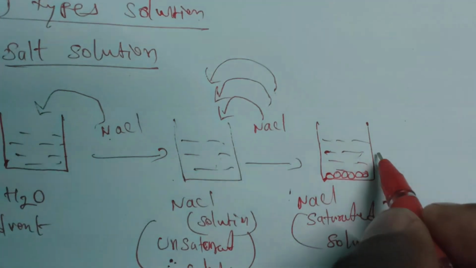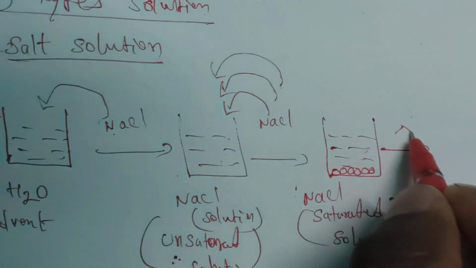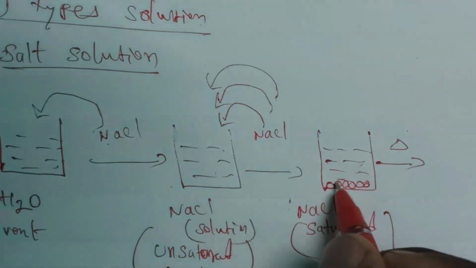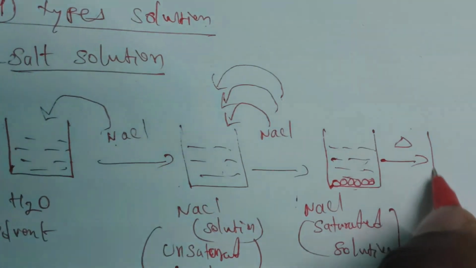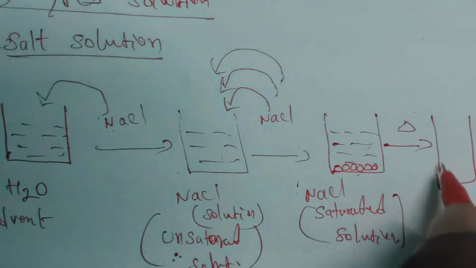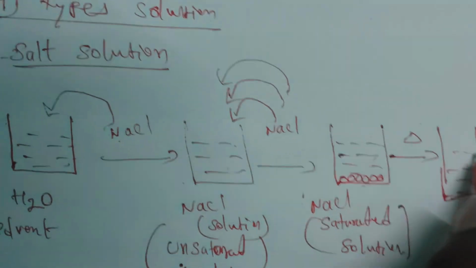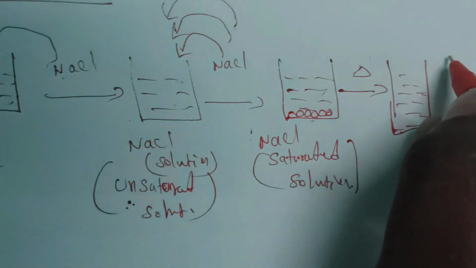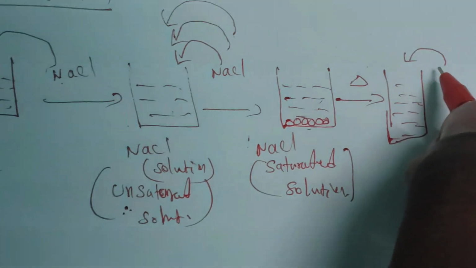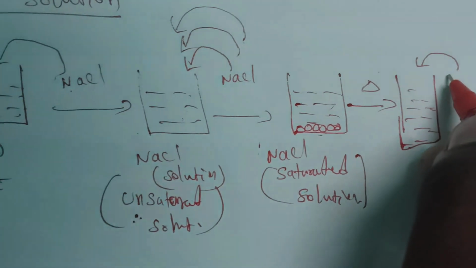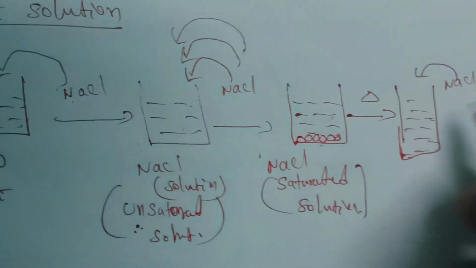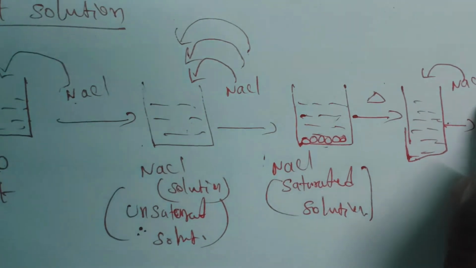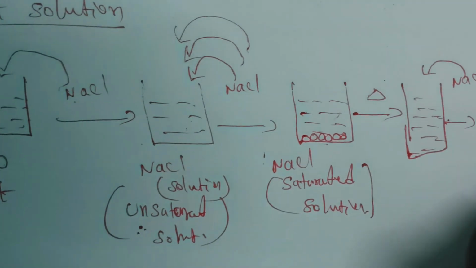So now let's see, we can increase the thermal energy or heating energy. So this solute is dissolved, and again we get a clear solution from the saturated solution. Then more solute is added again, and it can deposit at the bottom of the vessel.